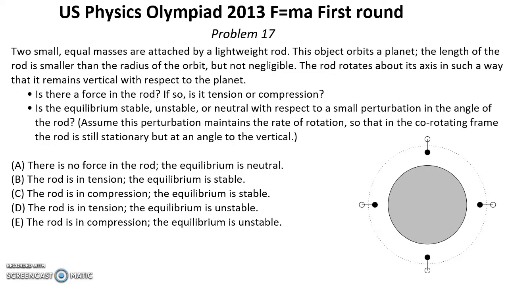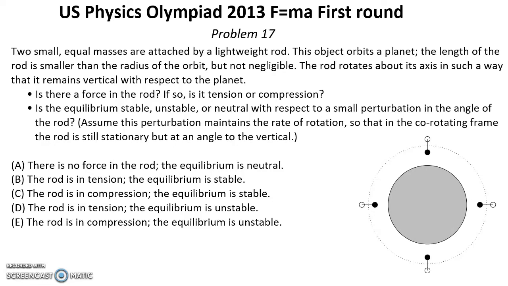On the other hand, both masses have the same angular velocity, so the centripetal acceleration is proportional to r, and the outer mass must be subject to a greater centripetal force than the inner one. So the rod must exert an inward force on the outer mass and an outward force on the inner mass. Thus the rod is in tension.